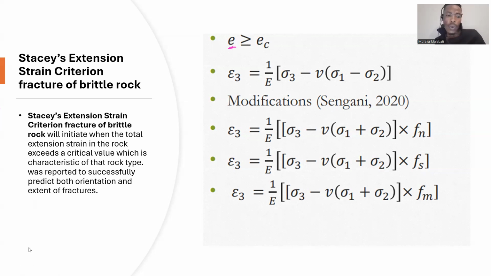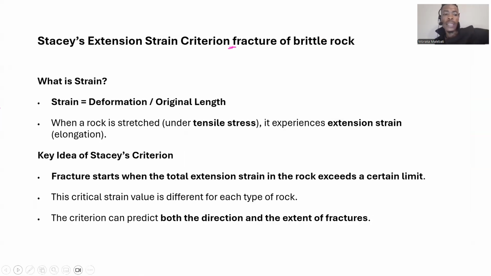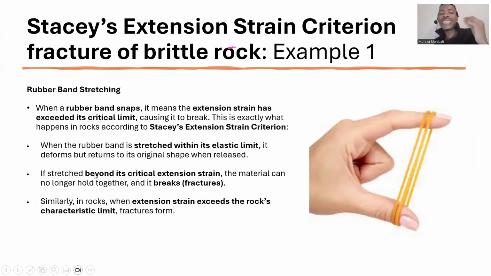Which is why we are saying that if this rubber band is stretched beyond its critical extension strain, the material can no longer hold together and it breaks or fractures. Similarly in rocks, when extension strain exceeds the rock's characteristic limit, fractures will definitely form.